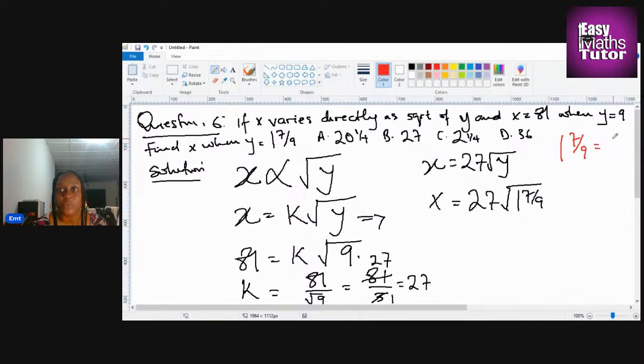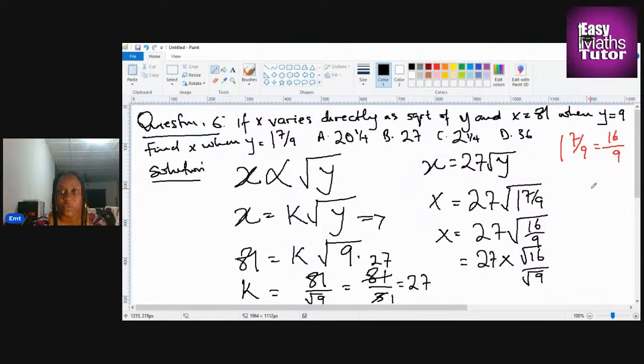So we have 9 times 1 is 9, plus 7 gives us 16 over 9. So we'll substitute that back into the equation to have x equal to 27 the square root of 16 over 9. So we know this is 27 times the square root of 16 all over the square root of 9.